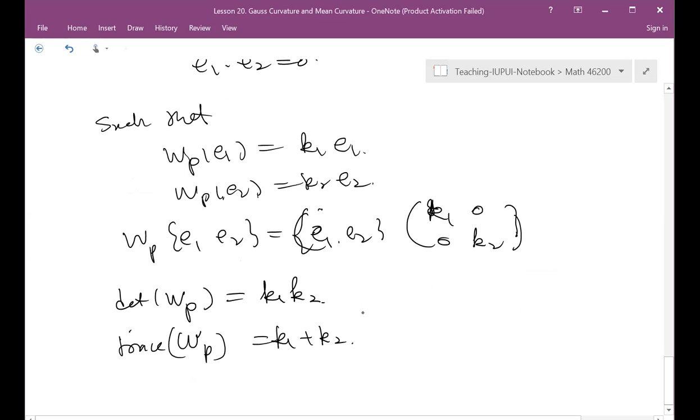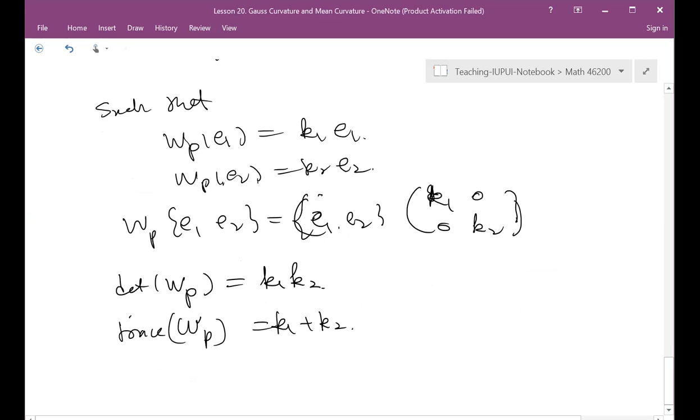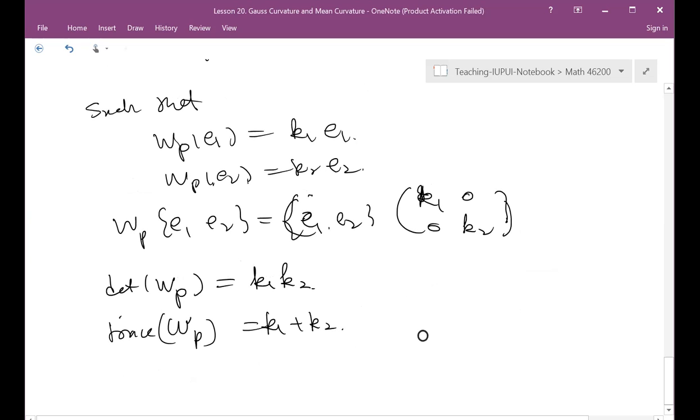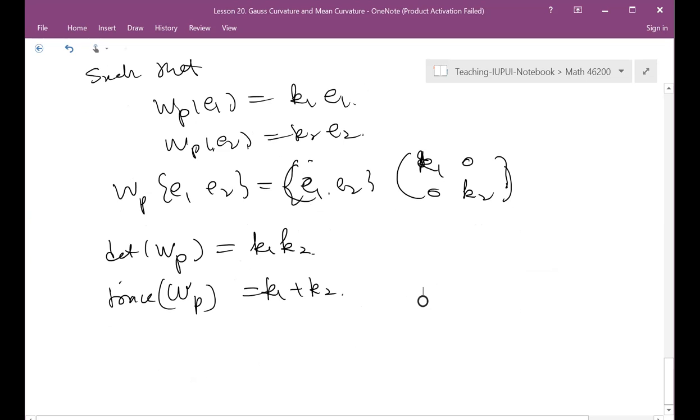So those are the quantities associated with the linear map. They are independent of choice. Those are the special quantities.